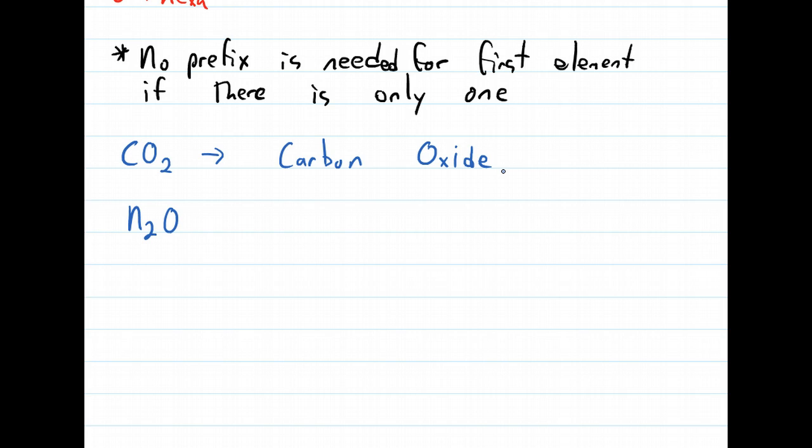Do we need a prefix on carbon? No, we don't put a prefix on carbon because there's only one. And then what is our prefix for oxygen going to be? Di. So it becomes carbon dioxide, which everybody knows what carbon dioxide is, right? You're filling the environment with it as we speak. Okay.